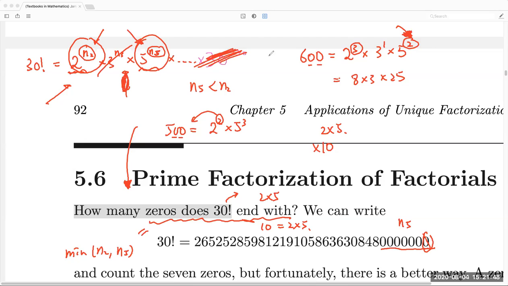No question. And then let's see how we can find the n2 and n5 in 30 factorial. So we need to have a look. So you know if it is a multiple of 5, it should end at 0 or 5. Actually, you have not much choice.